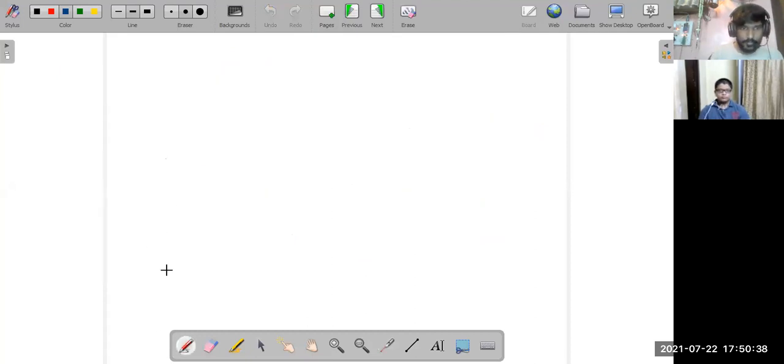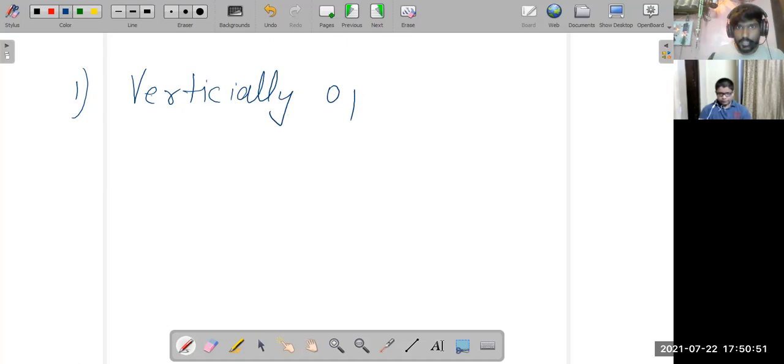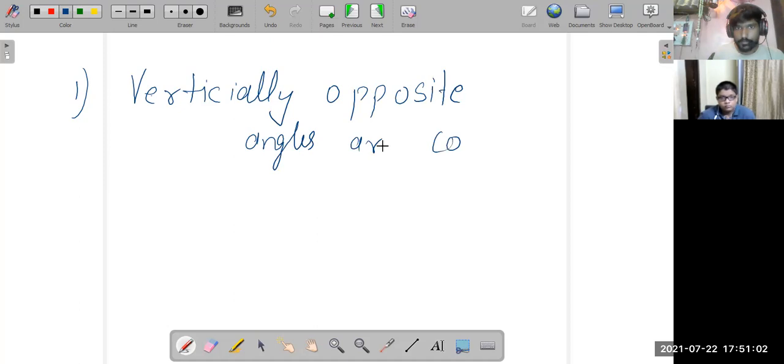So first thing, note these all. The very first thing: vertically opposite angles are congruent.